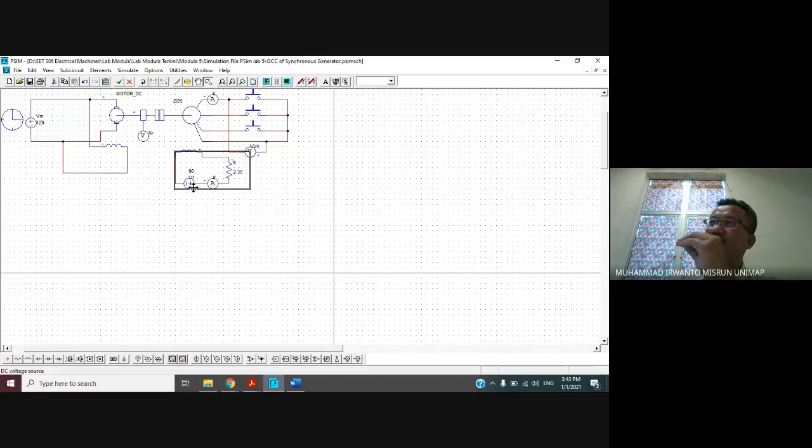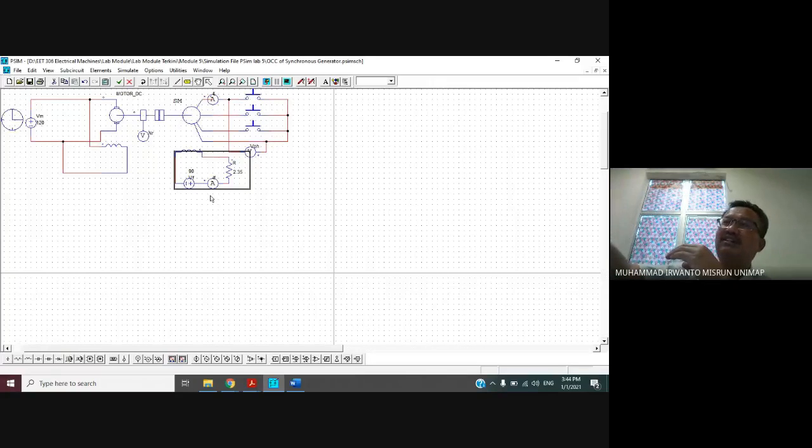If we give one value of the DC voltage to supply the rotor winding, current will flow through the winding. We can also call this the field current. Because the resistance and inductance of the rotor winding are constant, if the voltage is higher, the field current will be higher.